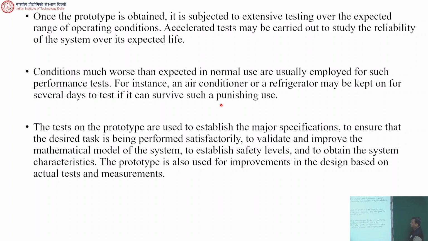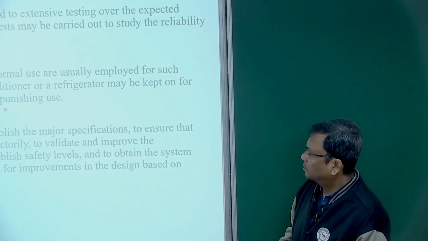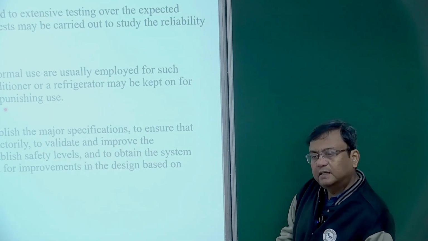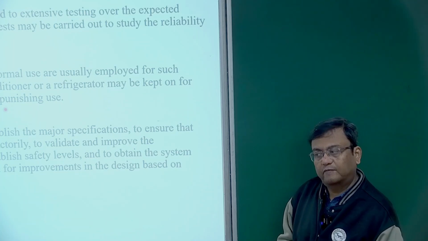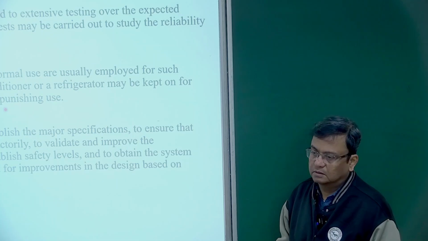So there are some fluids called heat transfer fluids which are used in these systems. So if you're making these fluids, then you have to say something about how much will be the life of this fluid.